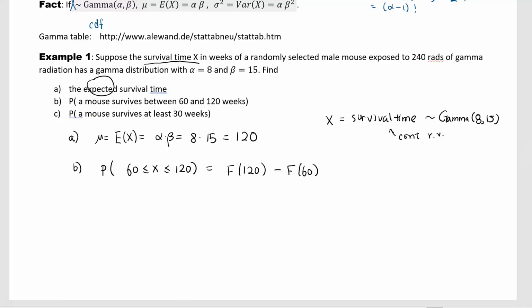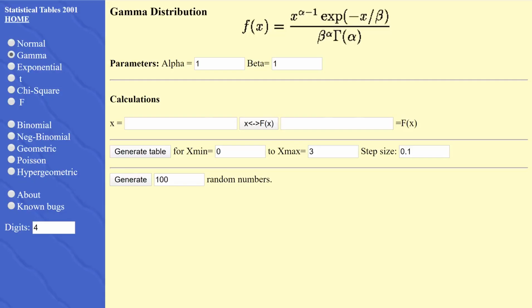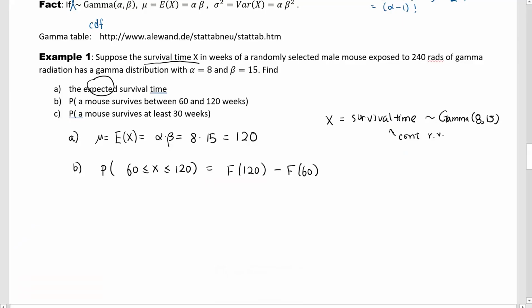Okay, so what are those? Well, let's go to our website. We have alpha equals 8 and beta equals 15, and we're looking for F of 120, so x is 120. Let's see what the F is. 0.547.